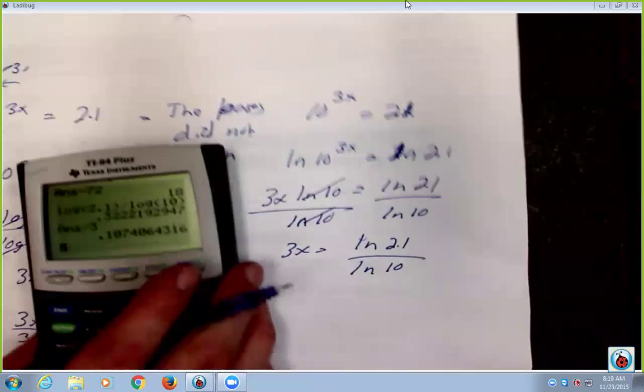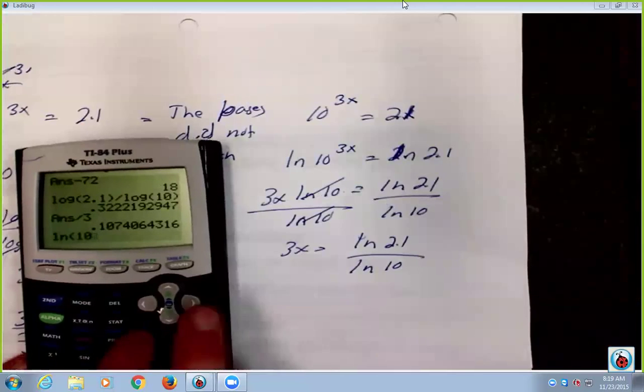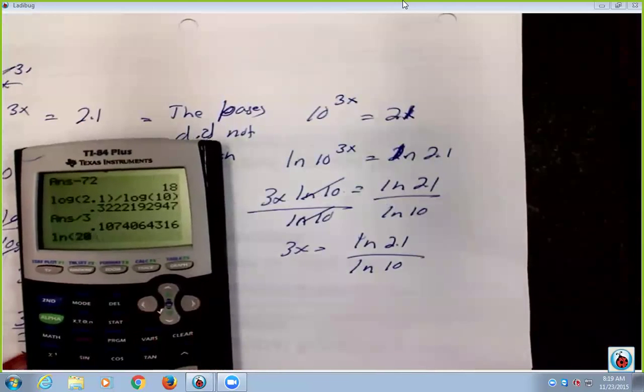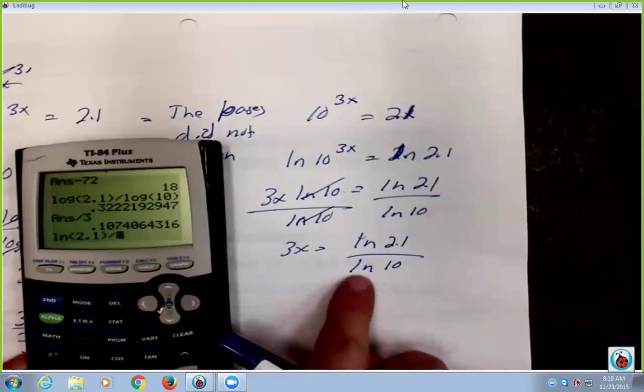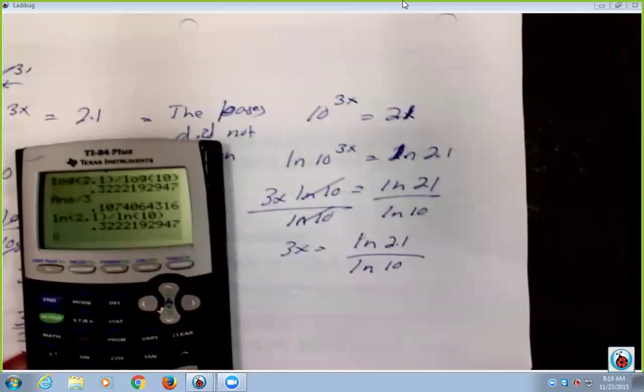So if I put that on my calculator, what will I end up with? So if I go natural log 2.1, parenthesis, divided by natural log 10, parenthesis, I get that. And is that the same thing I had over here?